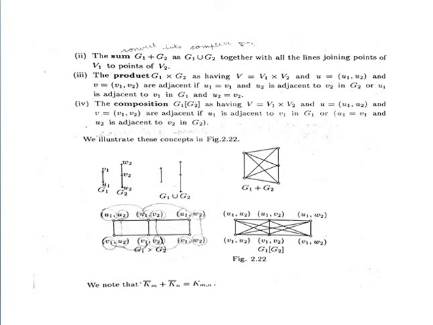Thus we get the composition of graphs, where u equal to (u1, u2) and v equal to (v1, v2) are adjacent if u1 is adjacent to v1 in G1, or u1 equal to v1 and u2 is adjacent to v2 in G2. Here is an example for these operations. The first one is union, the second one is sum, the third one is product, and the fourth one is composition.